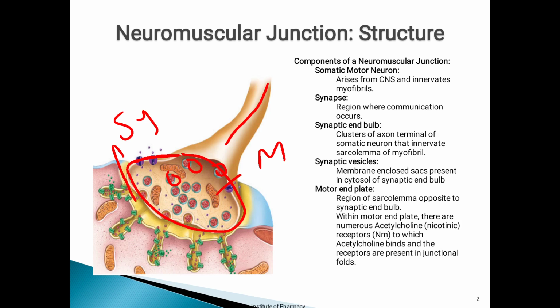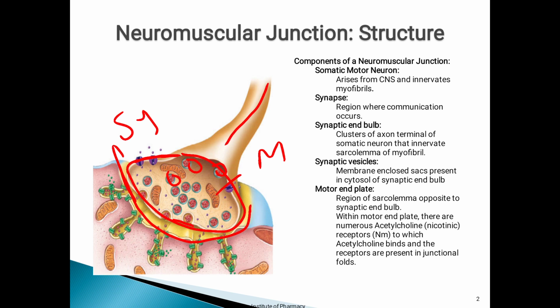Next is motor end plate. So this is a motor end plate. What you can see, the sarcolemma of the muscle fiber, the plasma membrane of the muscle fiber, is the motor end plate. It is the region of sarcolemma opposite to the synaptic end bulb.